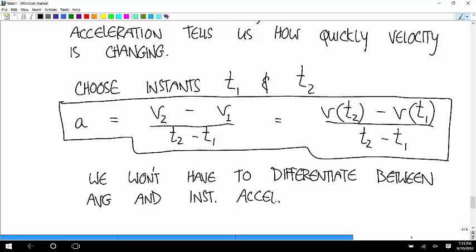And these V1 and V2 in this acceleration formula, are those average or instantaneous velocities? Those are instantaneous, because anytime I just refer to velocity, I mean instantaneous. If I ever mean average, I'll say average.